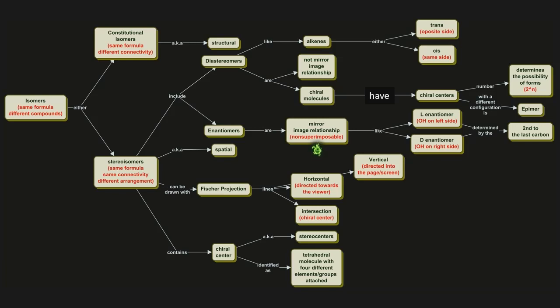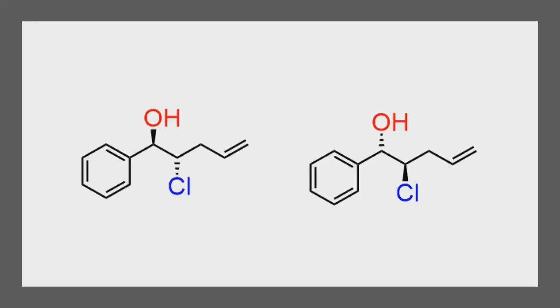So here are some molecular structures of enantiomers. Enantiomers are chiral molecules that are mirror images of each other. However, we cannot superimpose these two images because one chlorine atom is projected towards the viewer while the other chlorine atom is projected away from the viewer.